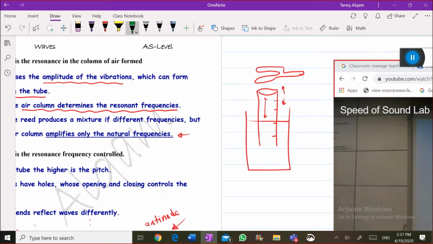We placed here a tuning fork, right? As a result of that, we will move the tube up and down until we have the amplified sound. So at this moment, we know that resonance is taking place.